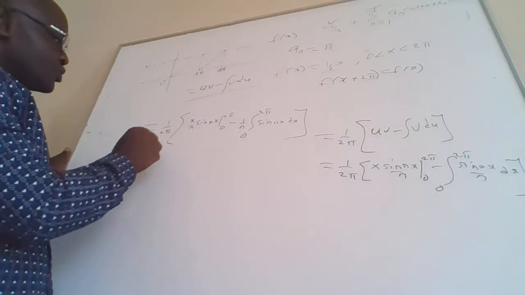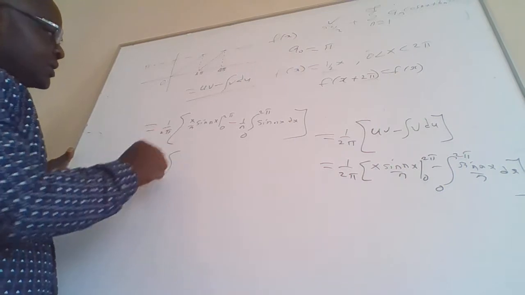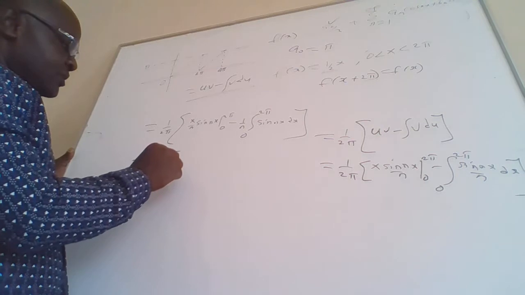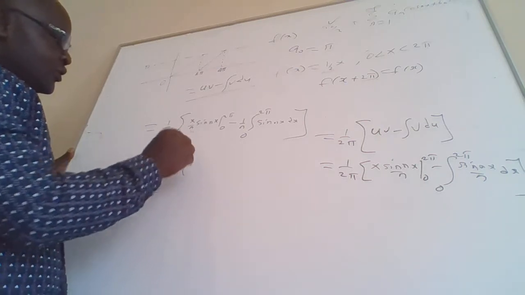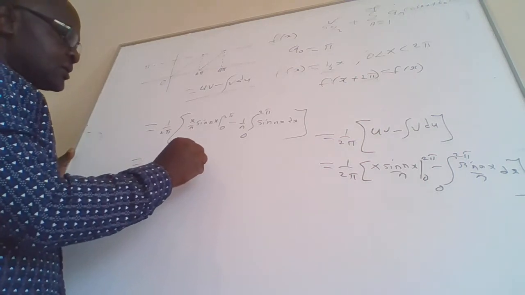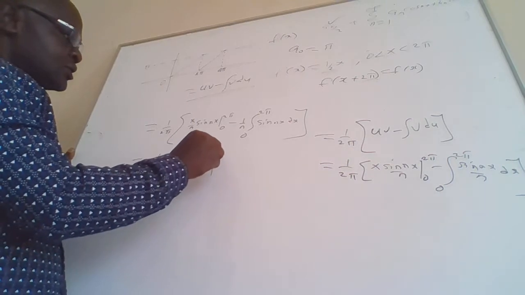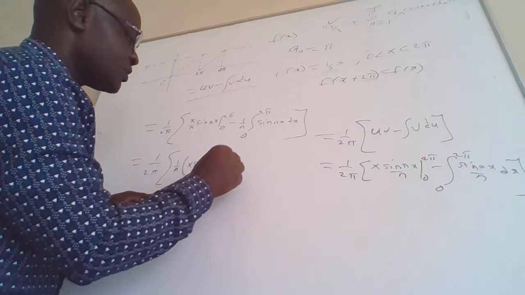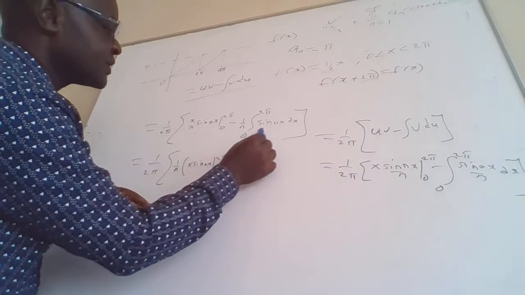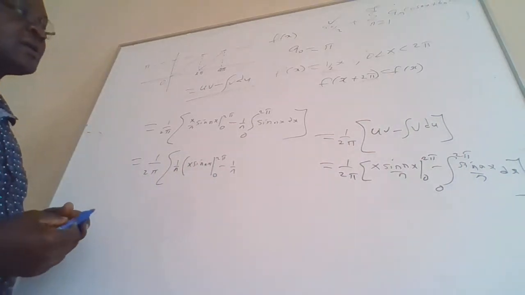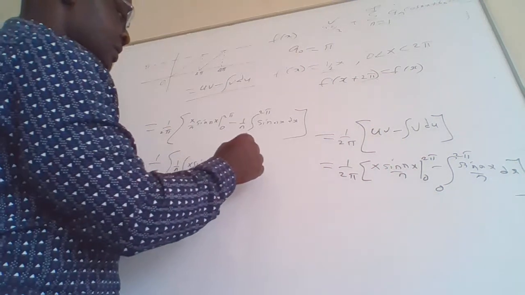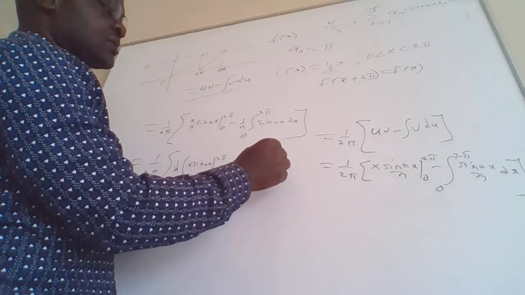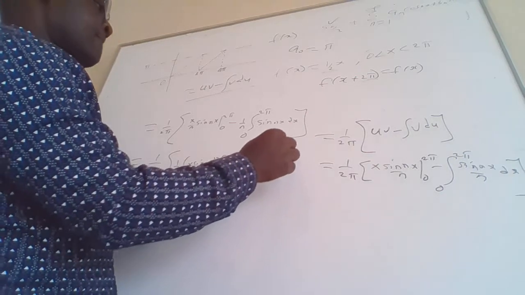So this equals 1 over 2 pi into, I can have this 1 over n. We have x sin nx, then minus. So this is 1 over n. Now when you integrate sin nx, you get negative cos nx over n.